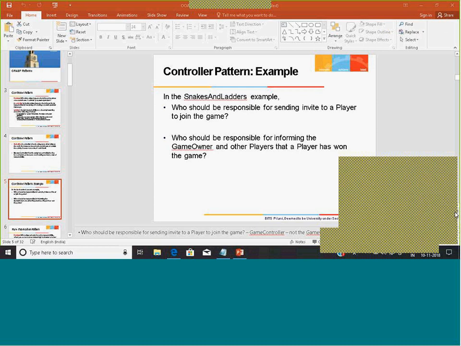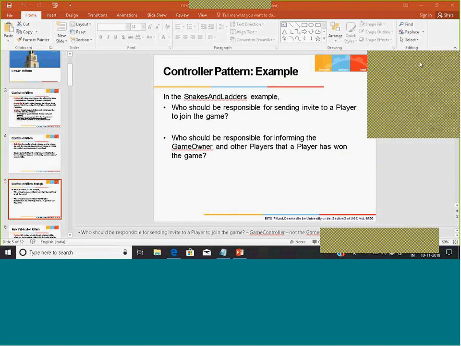It says in the main model that we had drawn, the game owner is responsible for inviting the players, right? So conceptually it was the game owner who would invite the players, but it is actually the game controller who would be doing it. The game owner will not be directly involved in inviting the players, because if the game owner directly invites the player, then the game owner has to store the information about the players, which is incorrect, which will lower its cohesion.